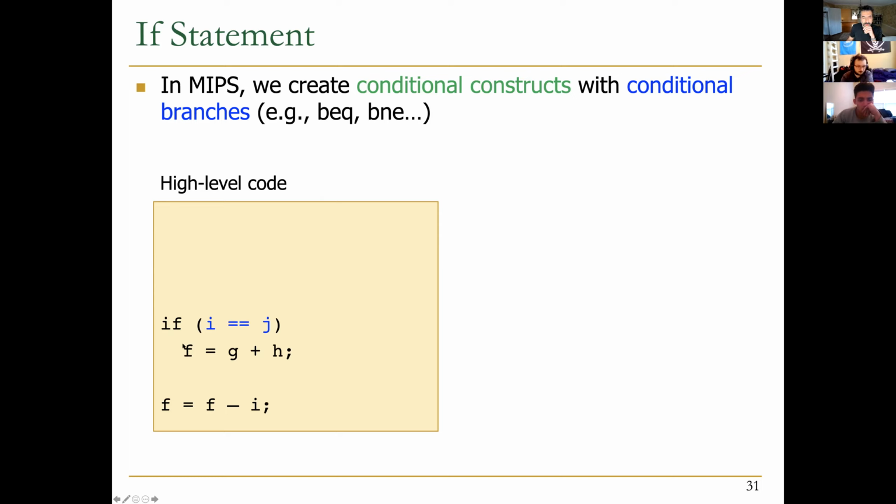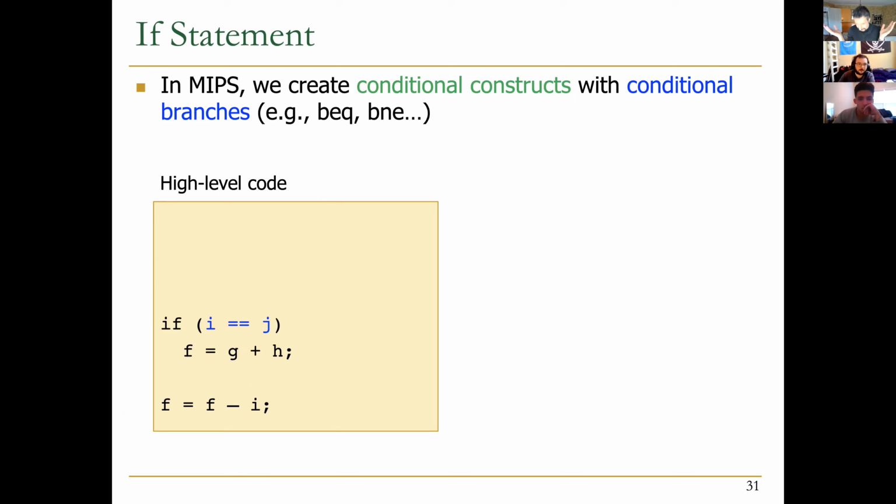This line of code, g plus h, is only executed if i equals j. This instruction, f minus i, is executed when? It executes regardless.